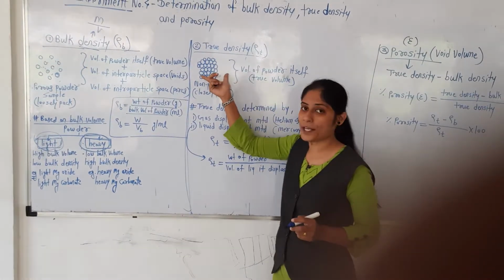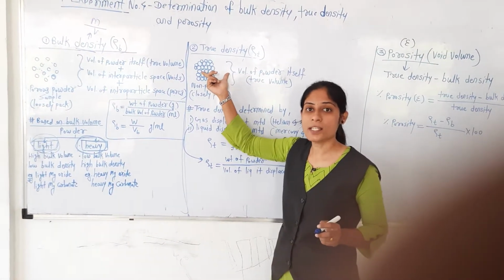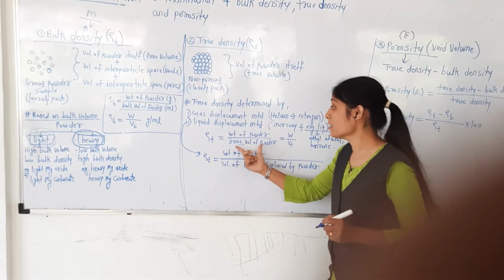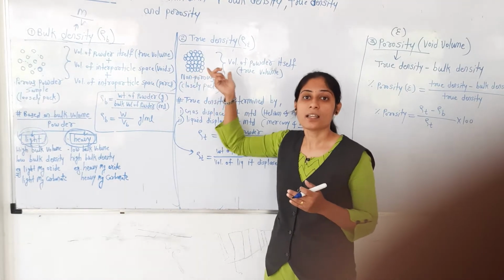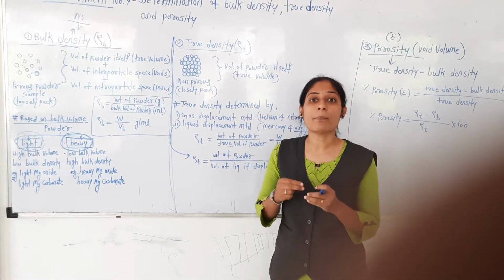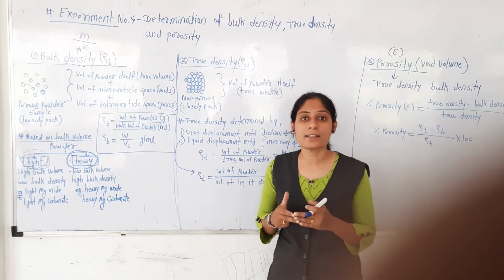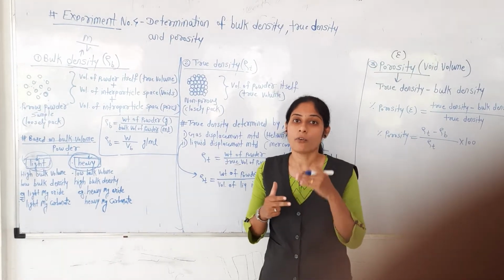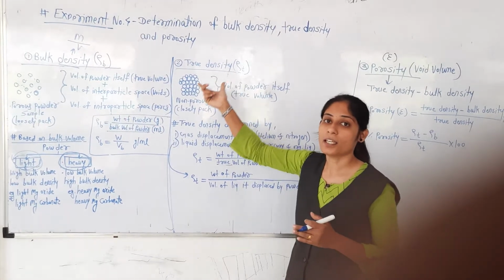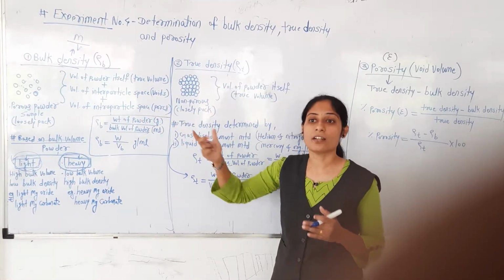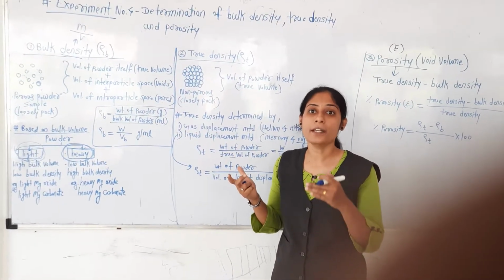No void volume or pore volume is present, hence we call it the true volume. True volume is the actual volume of the powder particles, meaning we consider only the particle volume, not the pore volume or void volume. So this is the difference between bulk density and true density. In bulk density, we consider the void volume, pore volume and true volume.